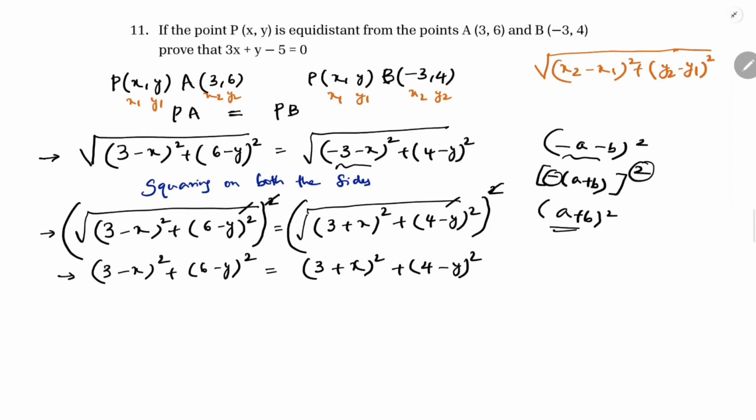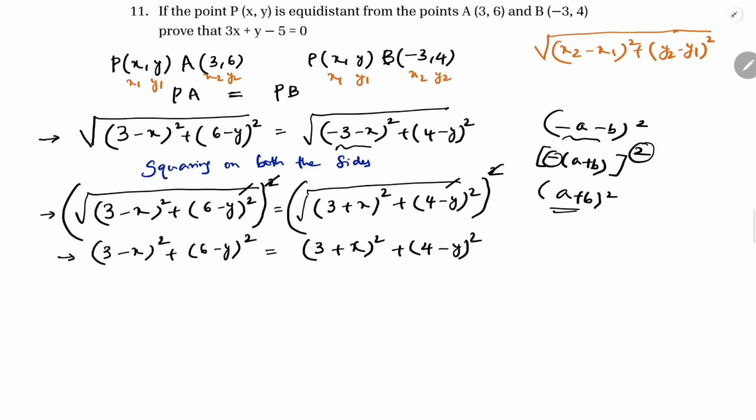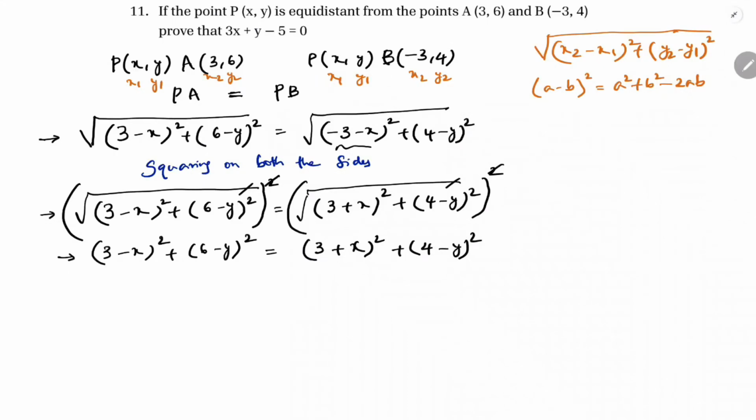Next step: (a minus b) whole square and (a plus b) whole square. (a minus b) whole square is a square plus b square minus 2ab, and (a plus b) whole square is a square plus b square plus 2ab. So here it is 3, x: 9 plus x square minus 6x.